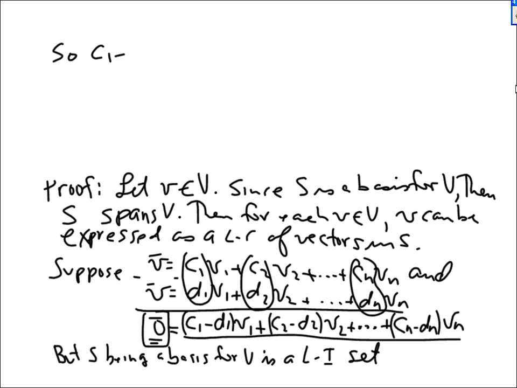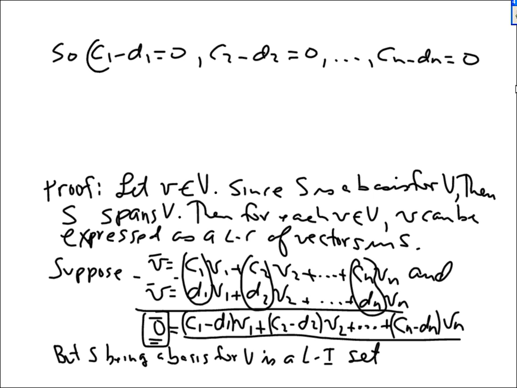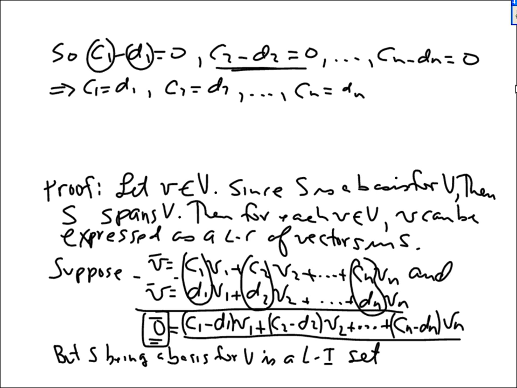So, C1 minus D1 equals 0. C2 minus D2 equals 0. All the way down to Cn minus Dn equals 0. When you subtract two quantities and you get 0, that means the two quantities are equal. That implies C1 equals D1, C2 must equal D2, and Cn must equal Dn.